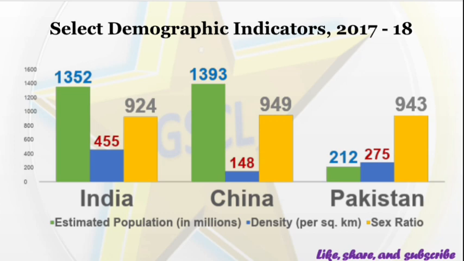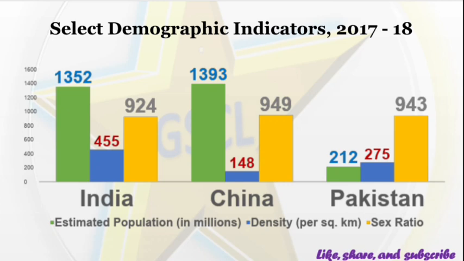You can notice here that the highest density of population is in India with 455 people, China with 148 people residing in per square kilometer and 275 people in Pakistan. One has to keep in mind the geographical area that each country owns while concluding about this indicator.